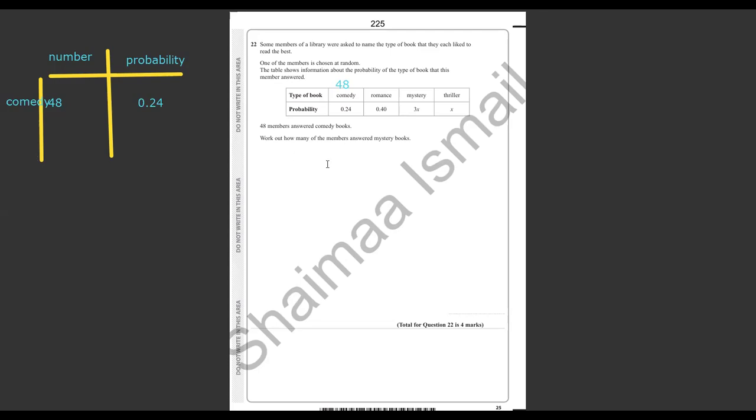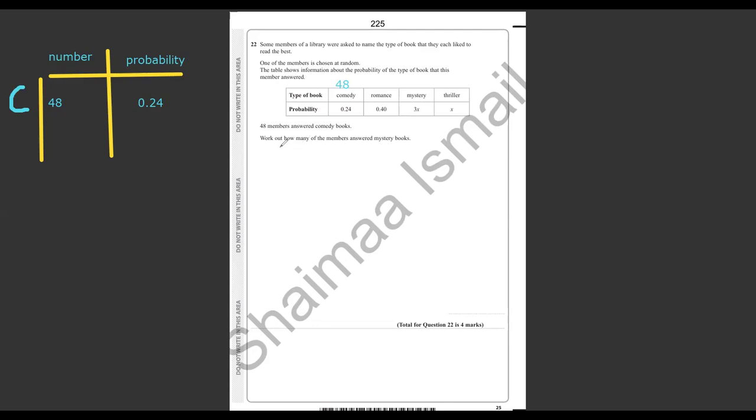Okay, let's write it as C, better. This will be for the comedy itself.